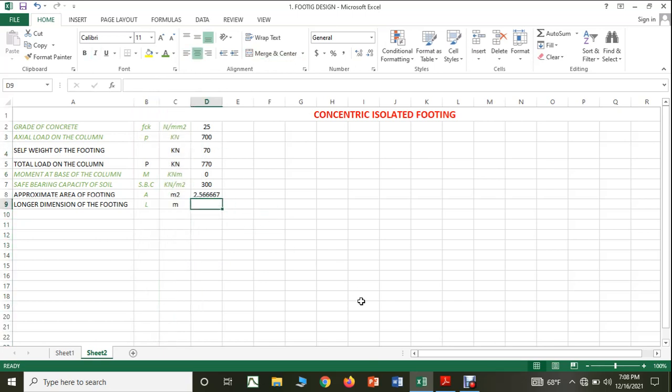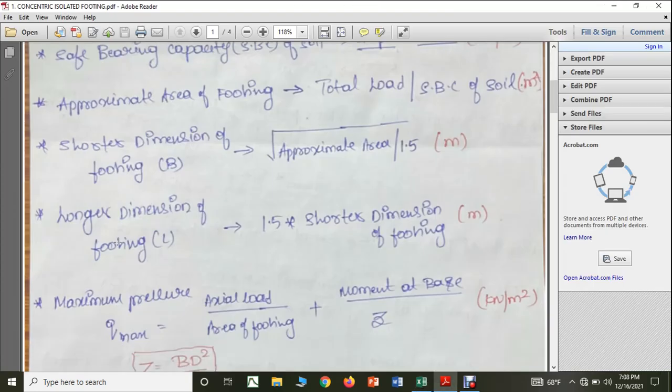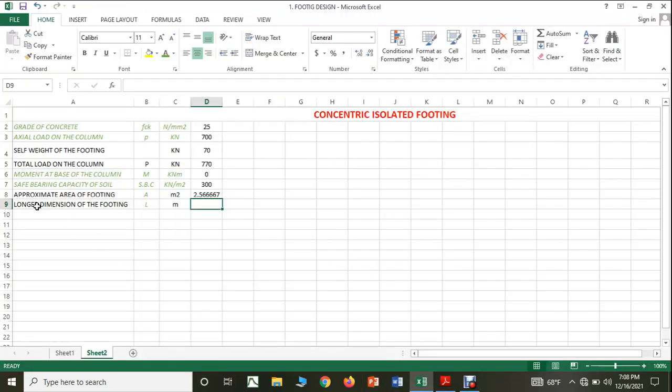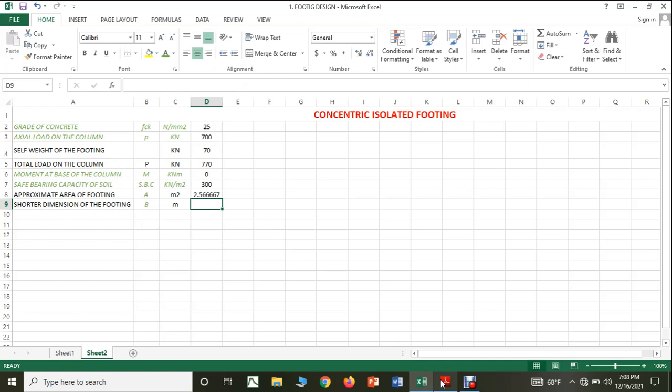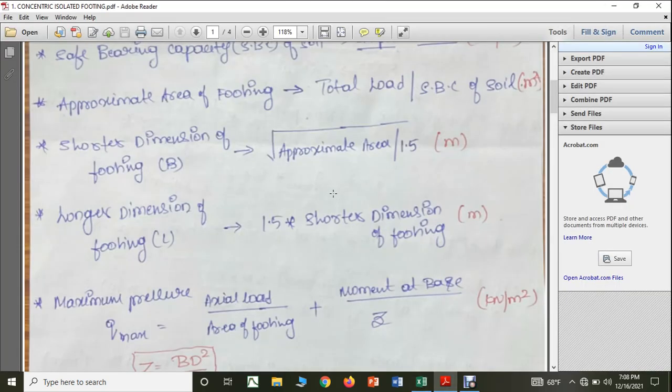Then, so how you get the longer dimension? The longer dimension of the footing L is given by 1.5 times the shorter dimension of the footing. I have to first calculate the shorter dimension of the footing, that is capital B, which is square root of the approximate area by 1.5.